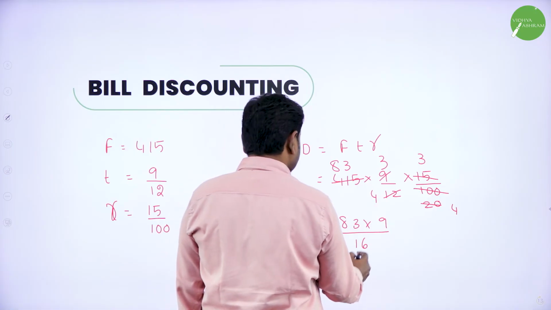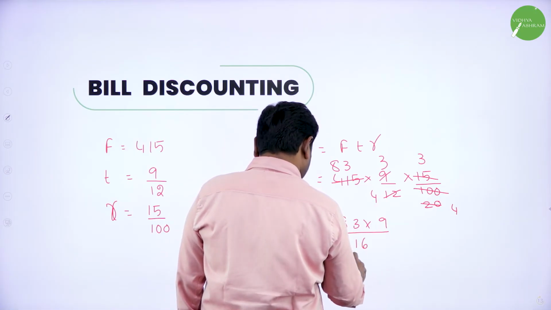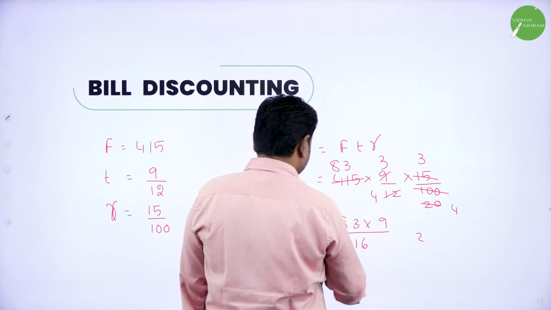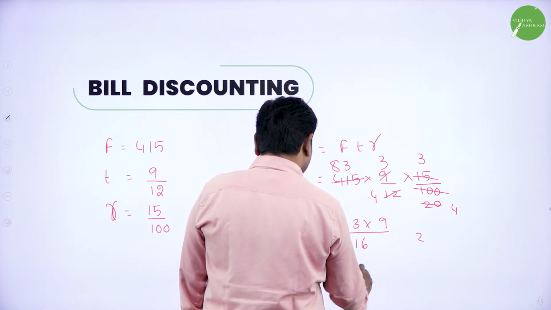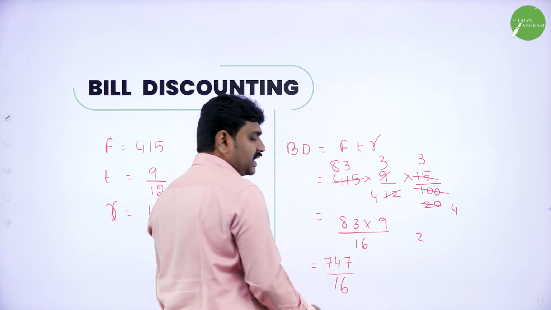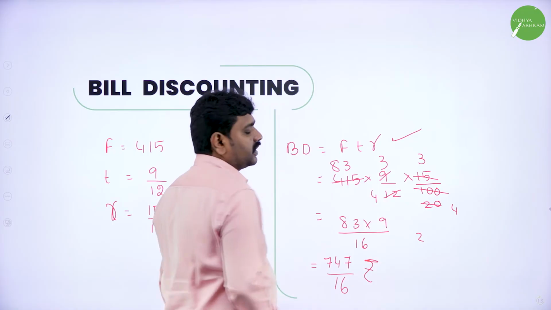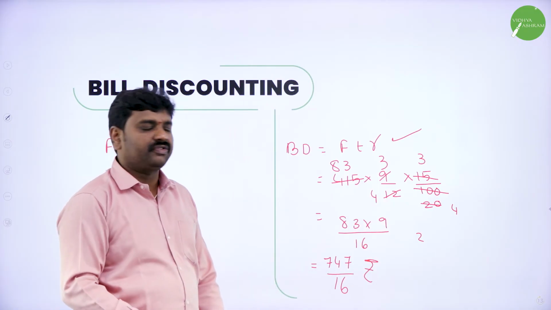Simplify this further. So use a calculator, simplify this further, and you will get this many rupees. This is what? FTR. Use a calculator and simplify.